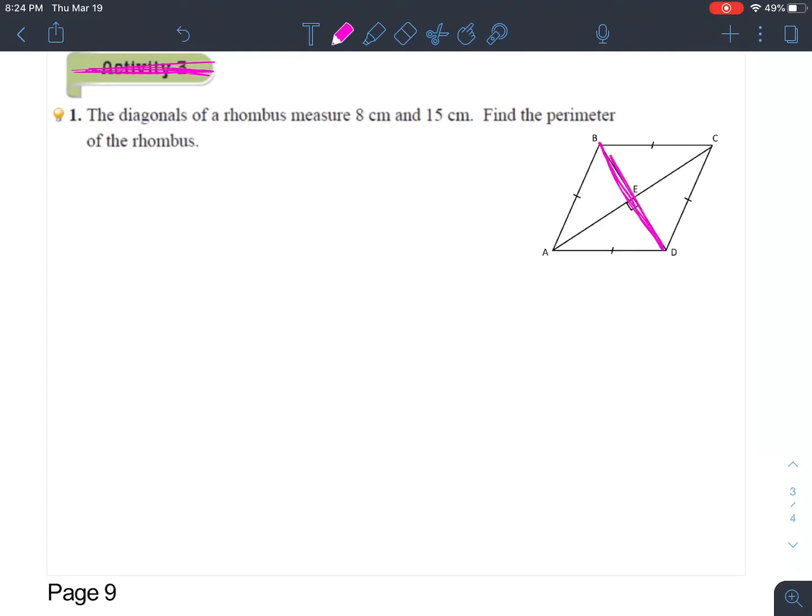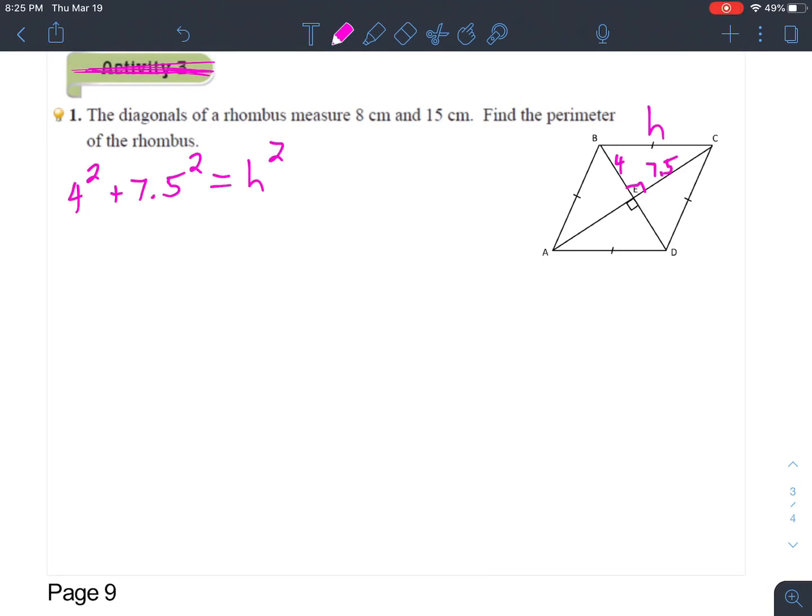Now the next thing is that we know that the lengths of the diagonals are 8 and 15. So that right there is supposed to be 8. This right here is 15. So what I noticed then is we can just cut those in half, and we're going to put a 4 here, and half of 15 is 7.5. And we can use Pythagorean theorem in order to find the hypotenuse, which ends up being the side length of the rhombus.